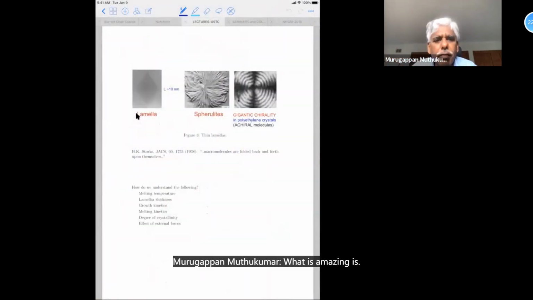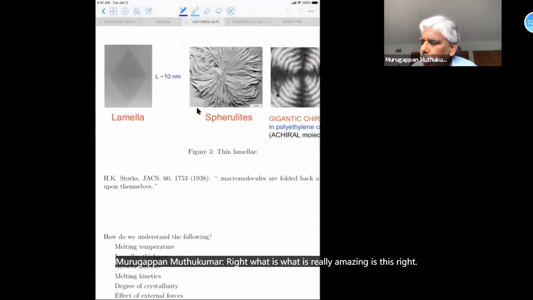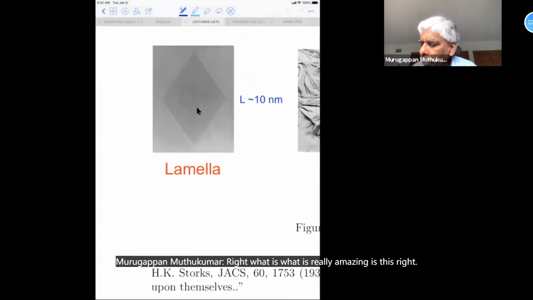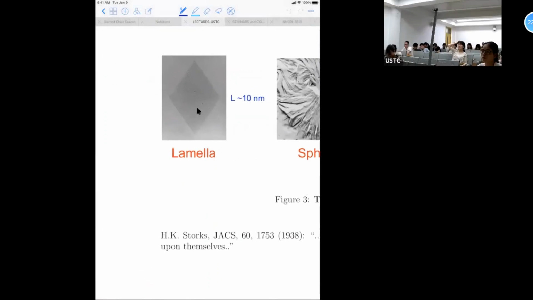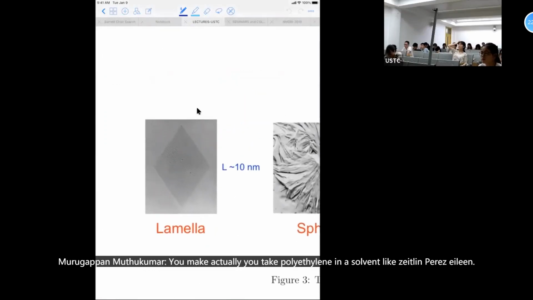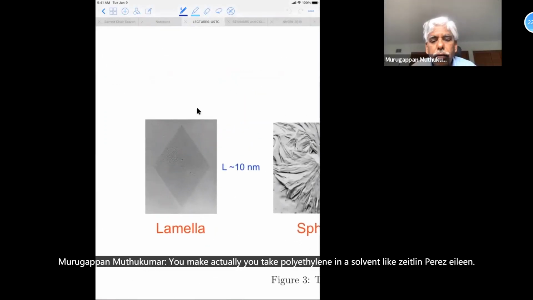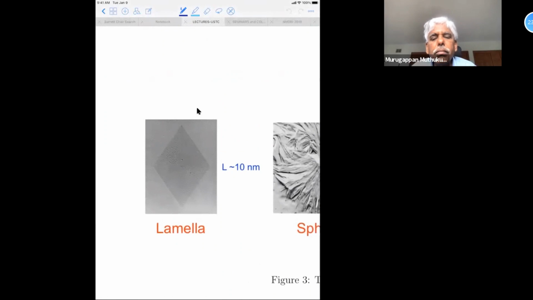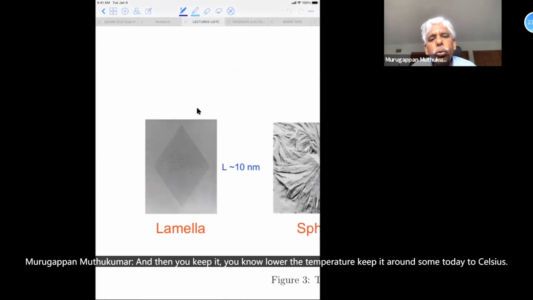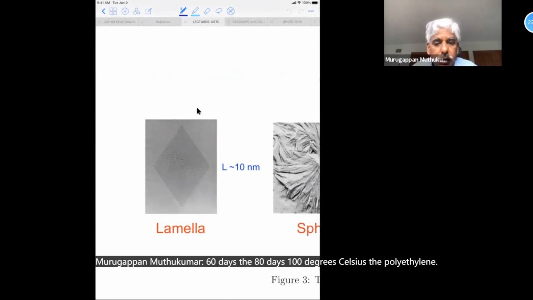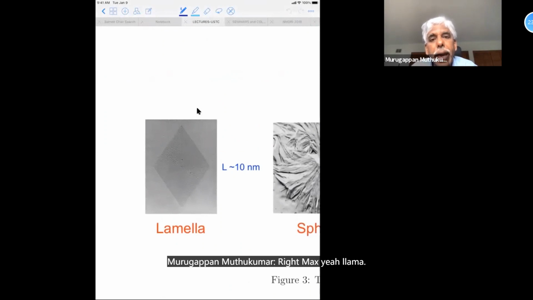What is really amazing is this, right? You take polyethylene in a solvent like xylene, para-xylene, and then you lower the temperature, keep it around 70 degrees Celsius, 60 degrees, 80 degrees, 100 degrees Celsius. The polyethylene makes a lamella.